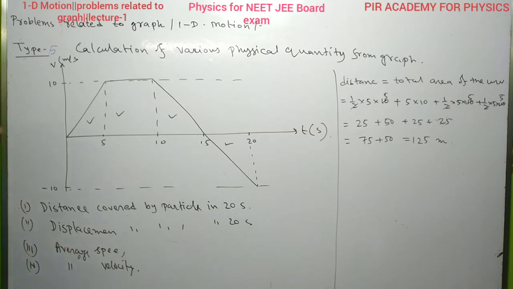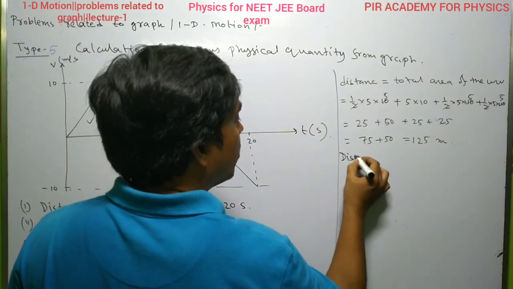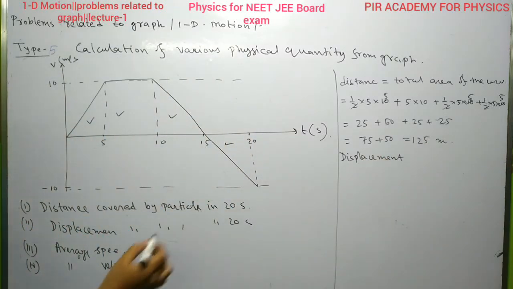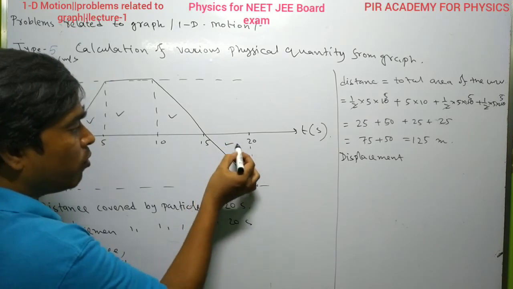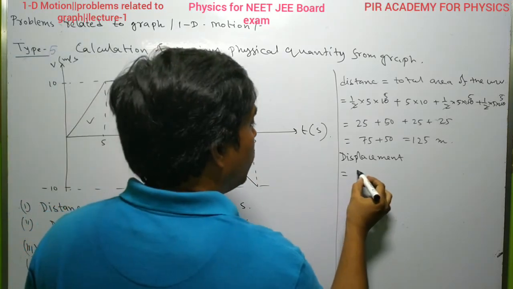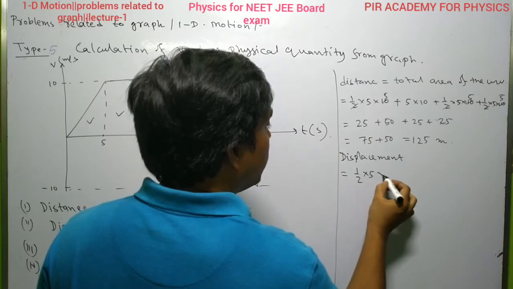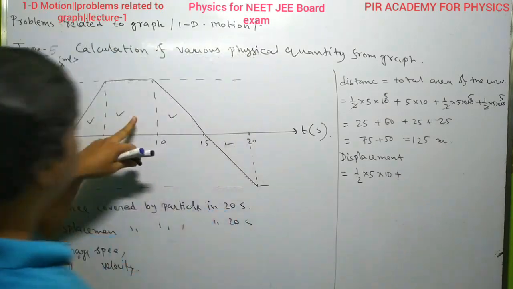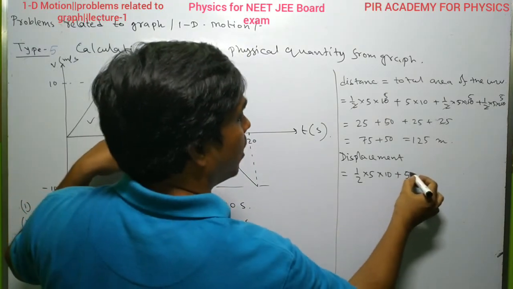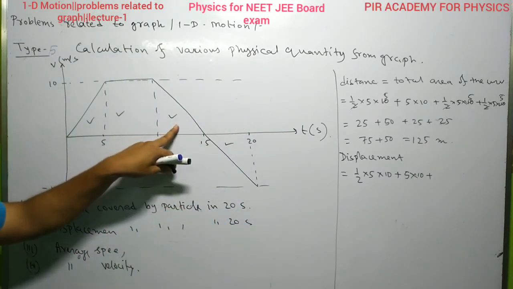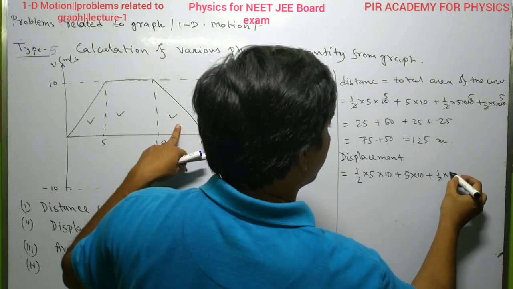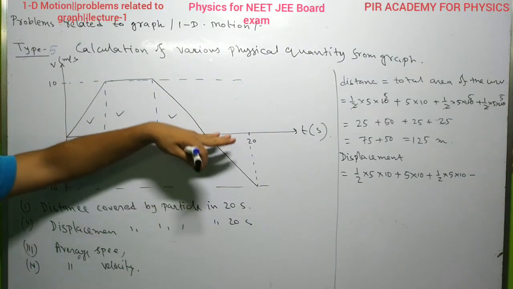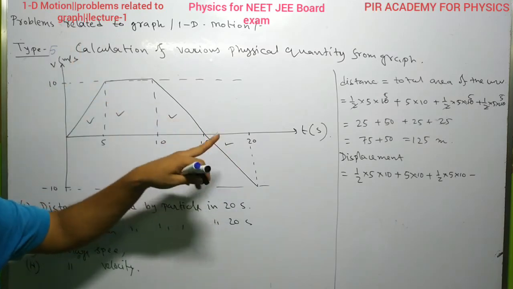Now you have to calculate displacement. Displacement is a vector quantity. So the area of this portion will be negative. It will be 5 into 10 plus 5 into 10 plus half into 5 into 10, and here it will be negative because this portion area is negative and displacement is a vector quantity.